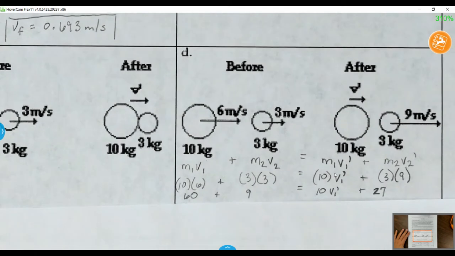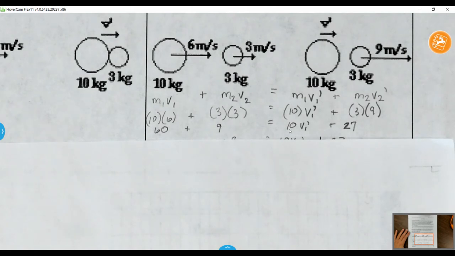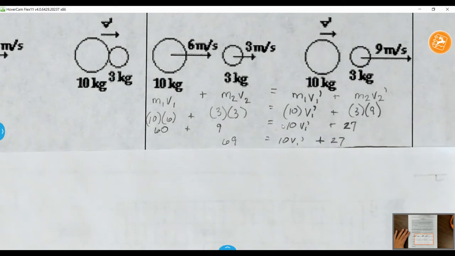So again, simplify. 60 plus 9 equals 10 V1 prime plus 3 times 9 is 27. Add them together, and you get 69 equals 10 V1 prime plus 27.